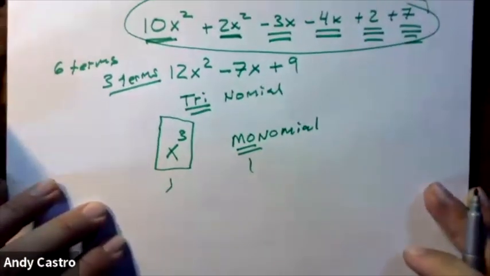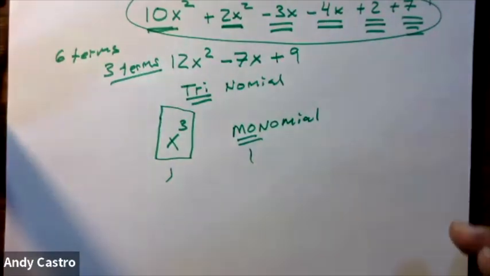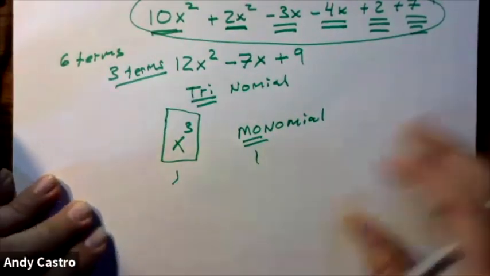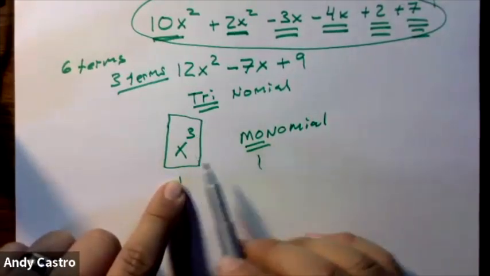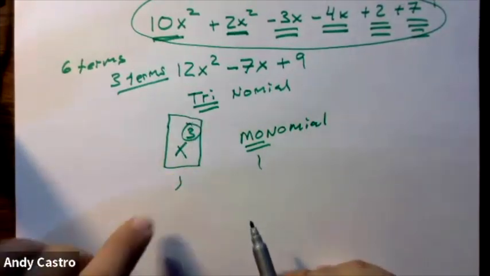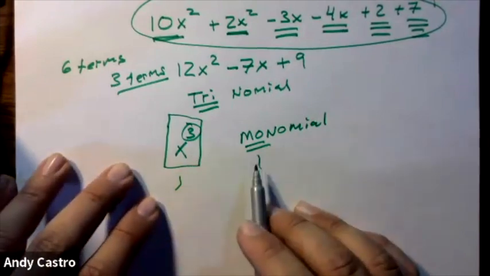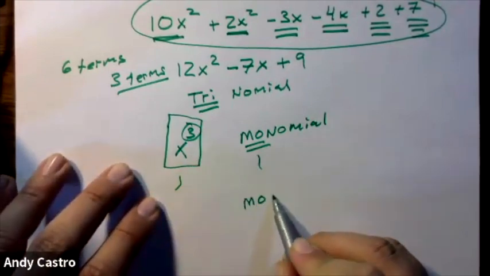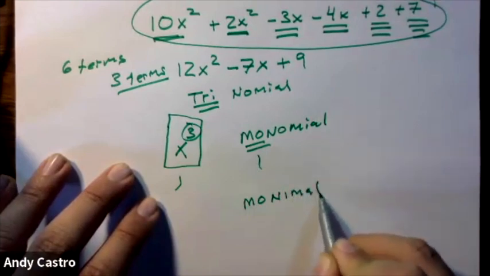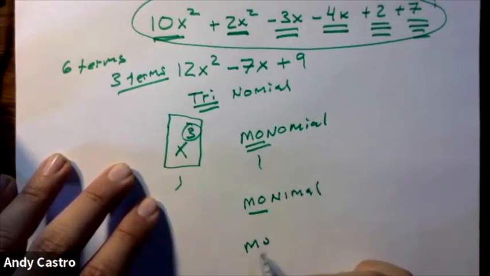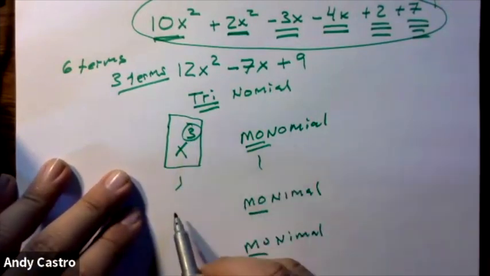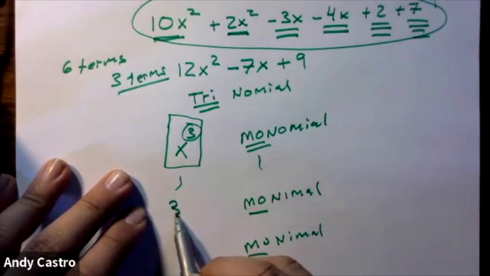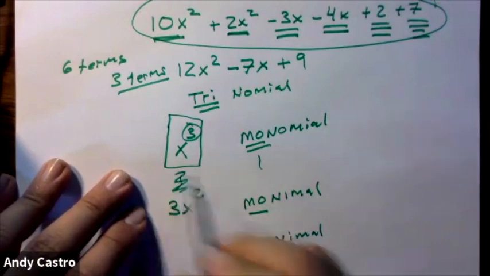All right. Now the next thing that we're going to look at is the exponent. I'm going to give you three monomials. They're all going to be different. A monomial means there's only one term. The first one is going to be x cubed. The next one is going to be 3x squared.